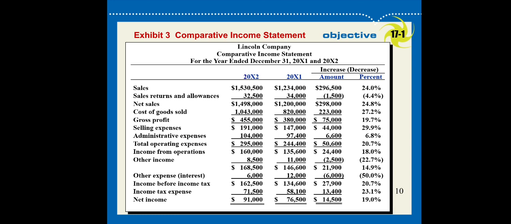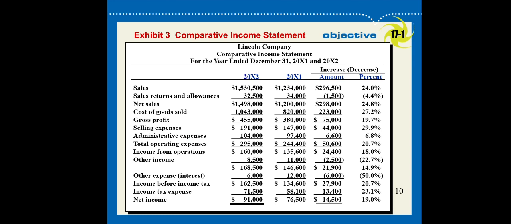You can see the total revenue has increased. How much is the increment? 296,500. The percentage of increment is 24%. That is good. And then you see the profit. The profit or net income has increased by 14,500. That is good. The percentage of increment in the profit is 19% only.